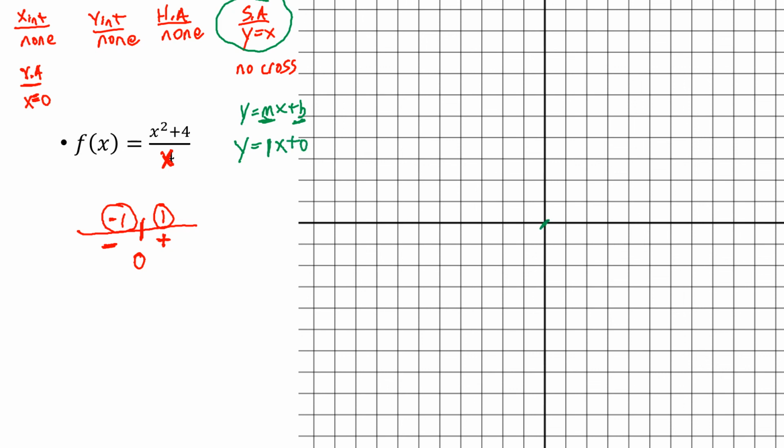So we're going to start off at 0, go up 1, right 1, up 1, right 1, and we'll keep going to make our slant asymptote. So we're just graphing the line y equals x. And of course, we can reverse that to get the other part of our graph.